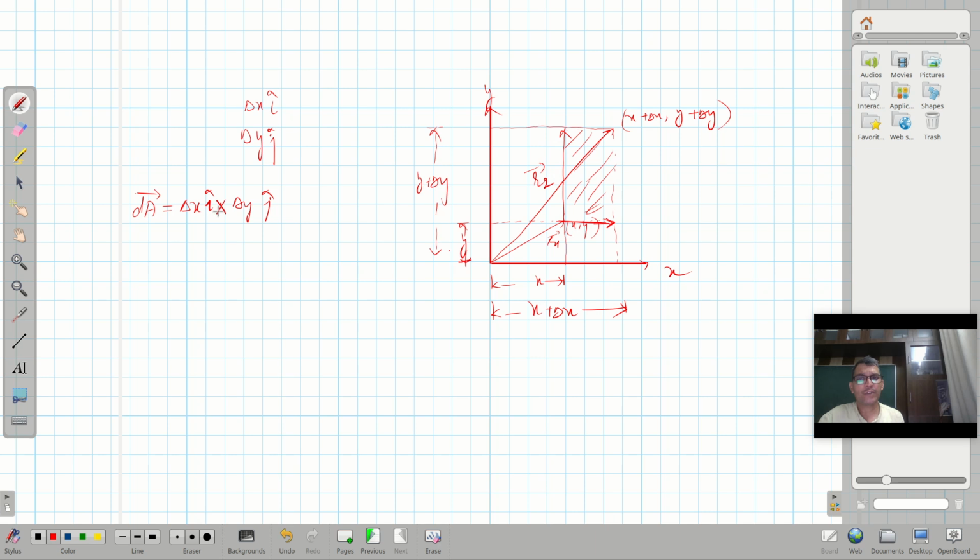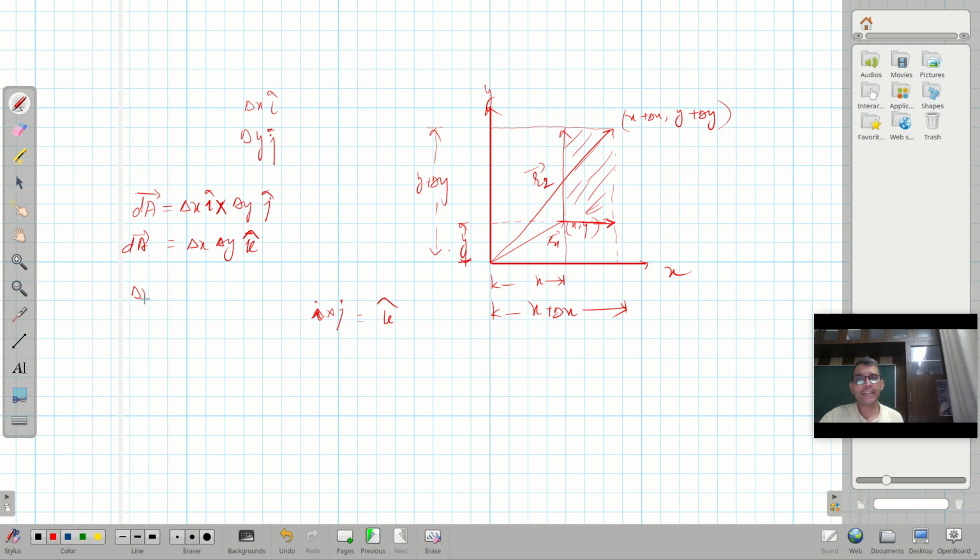So we have to take the cross product of these two. It is represented by delta x and delta y, and what is i cross j? i cross j is represented by k cap. It is pointing in this direction.